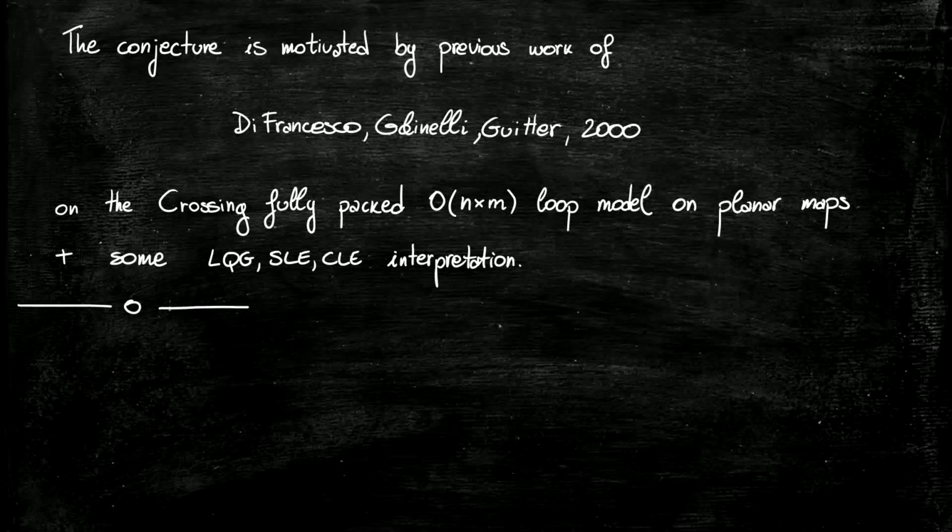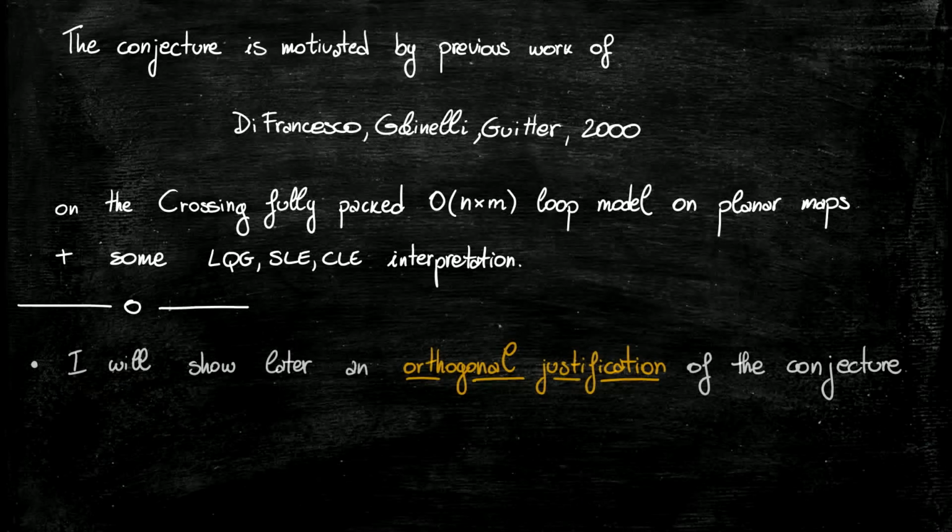But looking at their reasoning and rephrasing it in terms of LQG, SLE, and CLE, most of these objects were not even there in 2000. So it's not phrased in that language, but we rephrase their conjecture, and we get our conjecture.